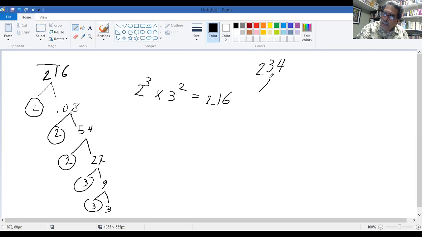Okay, you branch it, you get 2 times 117. 117 can be branched out to 3 times 39. And then 39 can be branched out to 3 times 13.